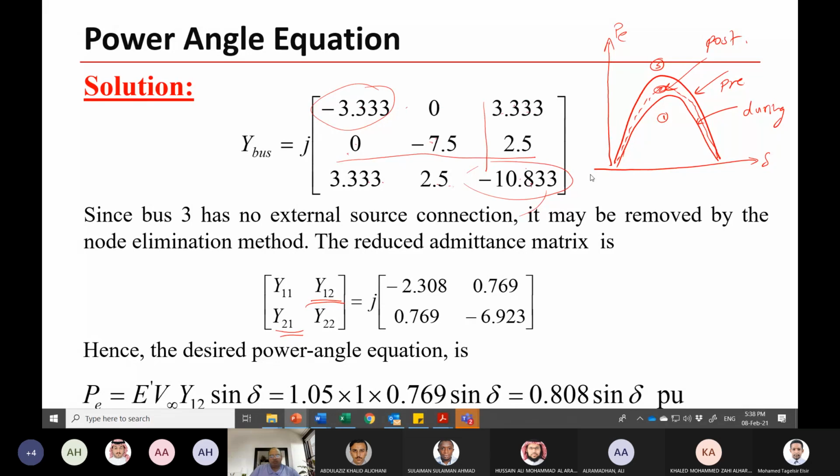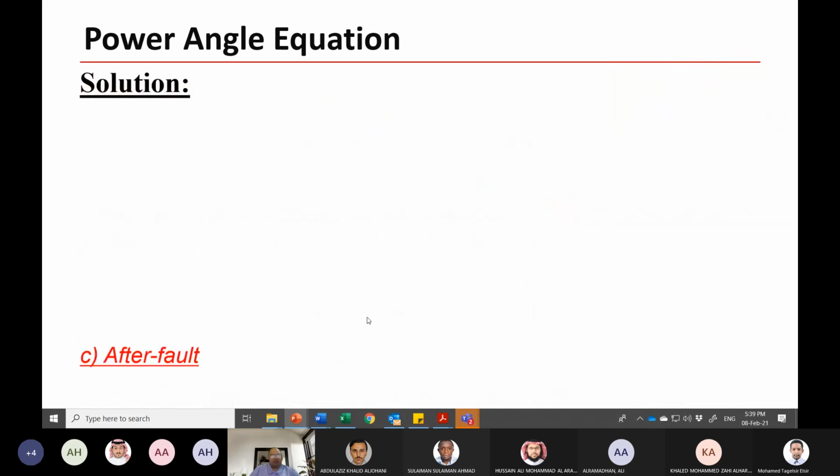This is based on this switching scenario. Sometimes the fault can be cleared by itself. In this case, we will go back to the pre-fault condition. So post-fault will be equal to the pre-fault if the fault is cleared without tripping the fault line.